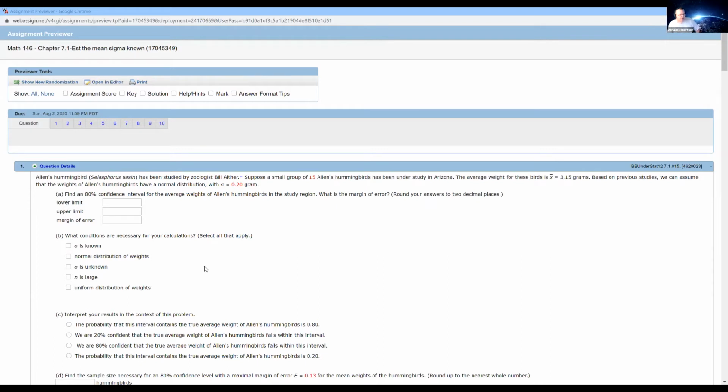That's cool. Now it says find an 80% confidence interval, right? So that's going to be question A. Find an 80% confidence interval. And now I'm going to leave for a moment and go into our camera.